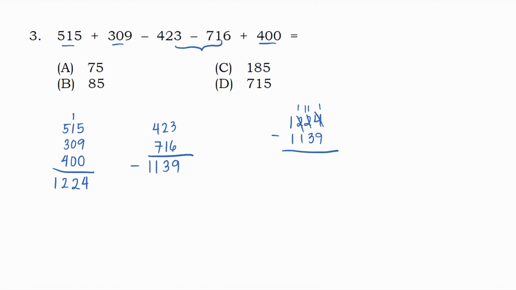Ito magiging 14. So, 14 minus 9 is 5. And then, 11 minus 3 is 8. 1 minus 1 is 0. 1 minus 1, 0 na. Okay, basta yan. No need to write 0. Ayan. So, yung answer natin is 85, which is letter B.